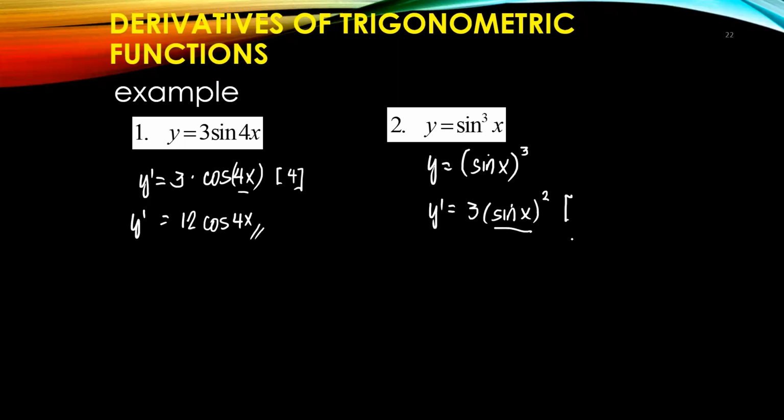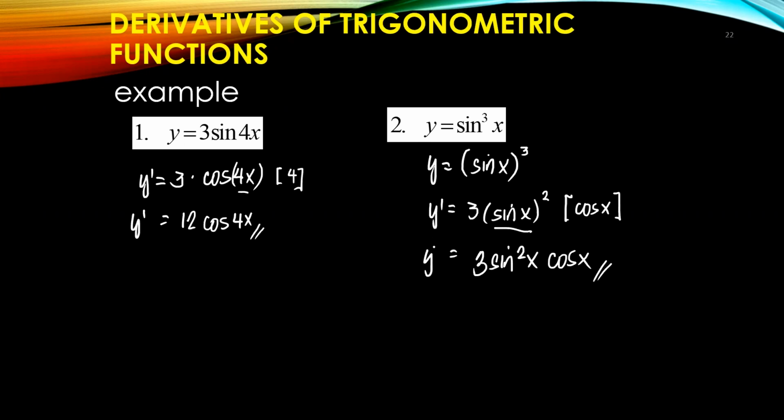What's the derivative of the underlined term? Cosine of x. Therefore, tapos na. Kasi yung x lang siya. Sana kung 3x to, may 3 pa sa dulo. Alright, therefore the answer is 3 sine^2 x cosine of x.